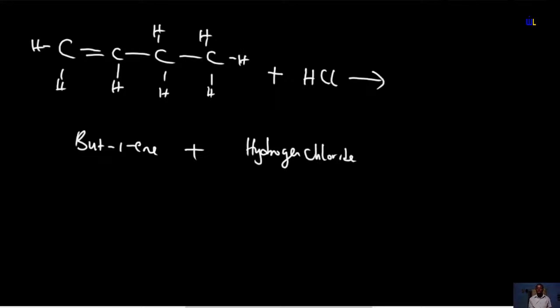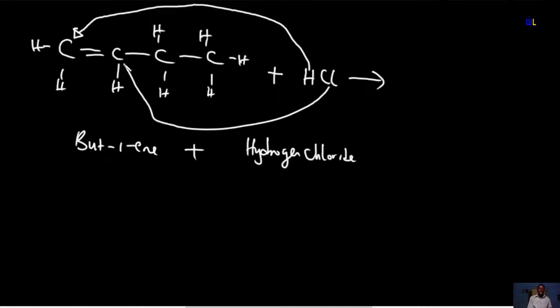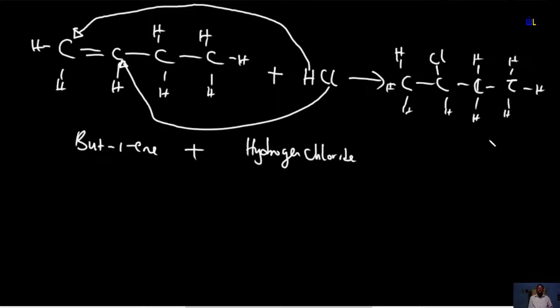What's going to happen here is basically hydrogen will have to attack this carbon, while chlorine will have to attack this carbon, which means when they break the bond, chlorine goes there, hydrogen goes there, fill it up with the remaining parts, and according to what we have, this is going to be 2-chlorobutane.